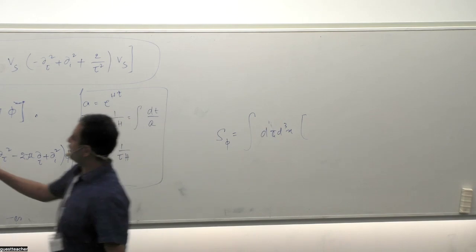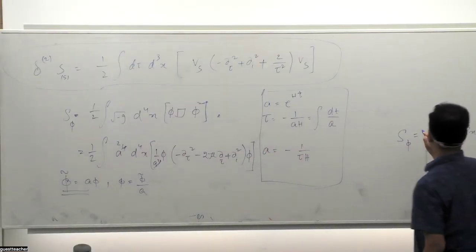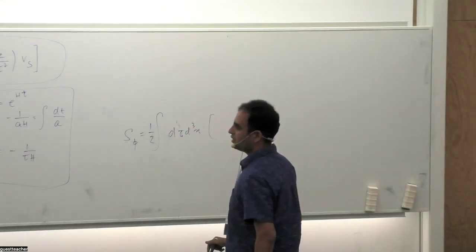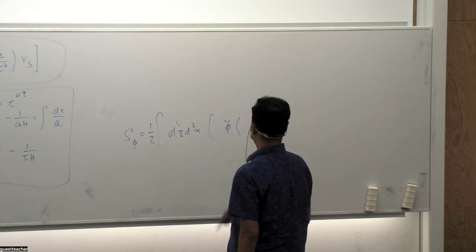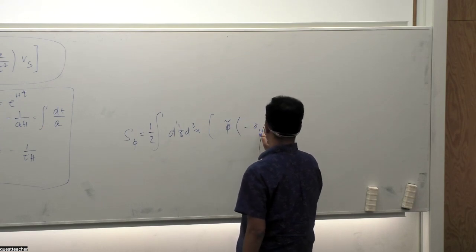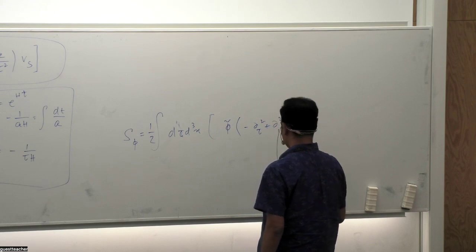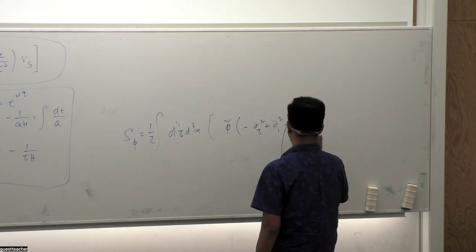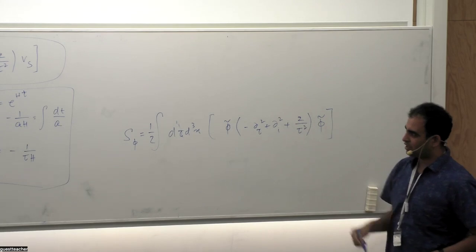By the way, there should be an overall factor of a half. So phi tilde, minus d tau squared plus del i squared plus 2 by tau squared, phi tilde. It looks similar to that, right?